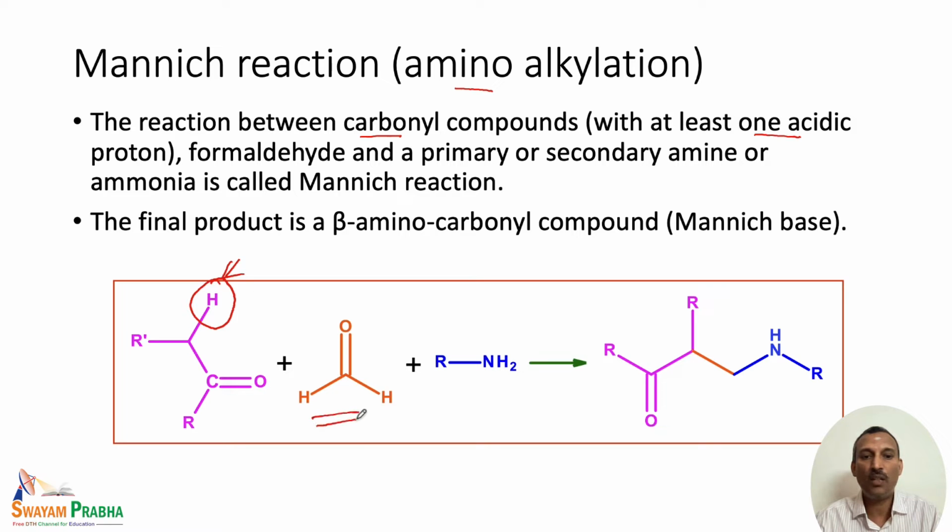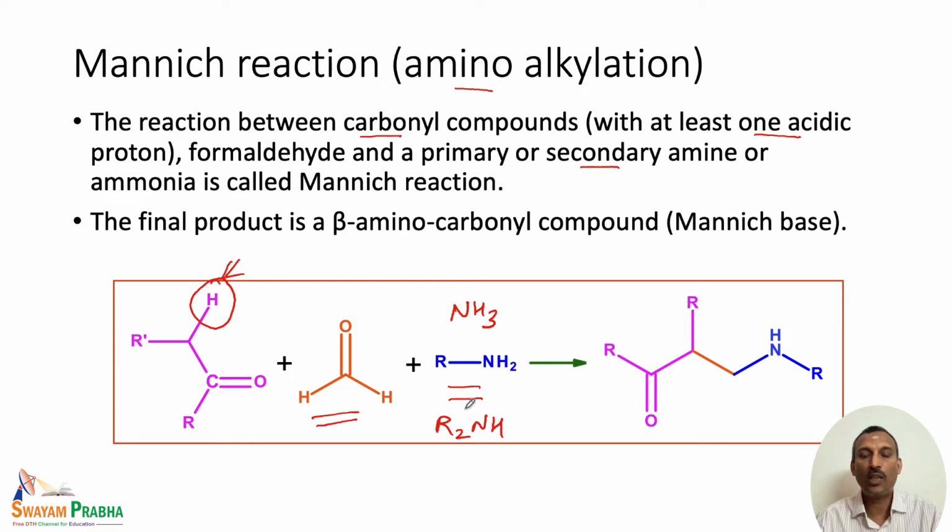The other substrates involved in the reaction are formaldehyde and a primary amine, or in some cases we can also use a secondary amine, or ammonia. So, the amino derivative can be either ammonia or a primary amine, or it can also be a secondary amine.